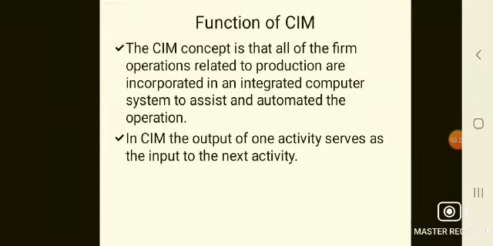In CIM, the output of one activity serves as the input of the next activity. Here, the firm means an organization in which all the production related activities are controlled by integrated computer systems.